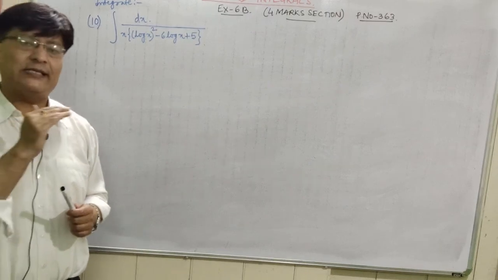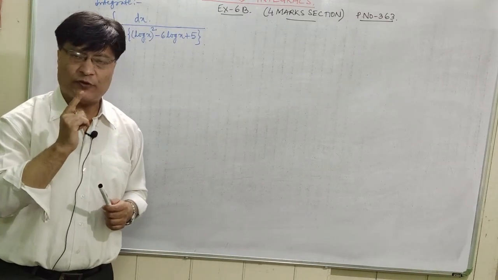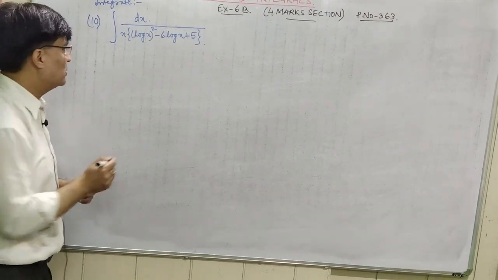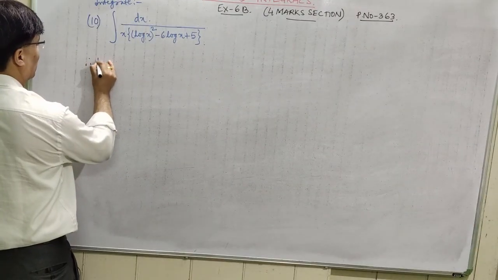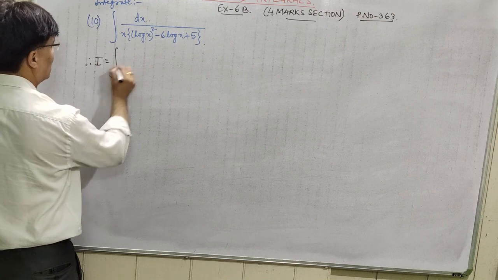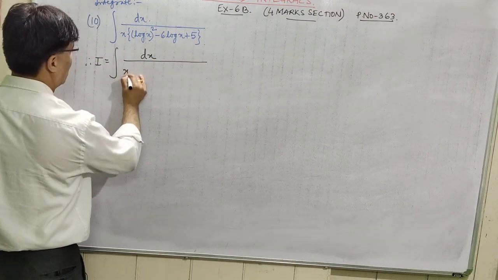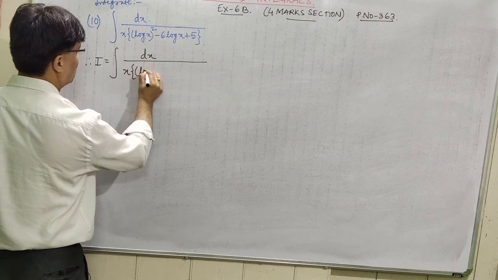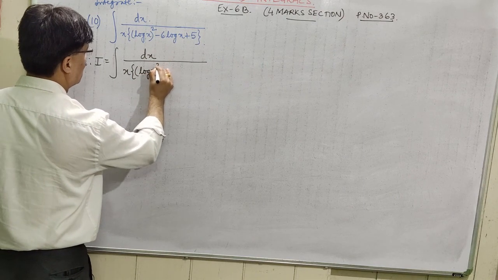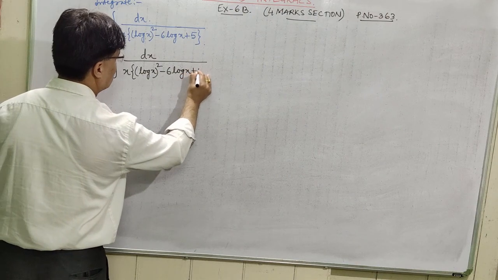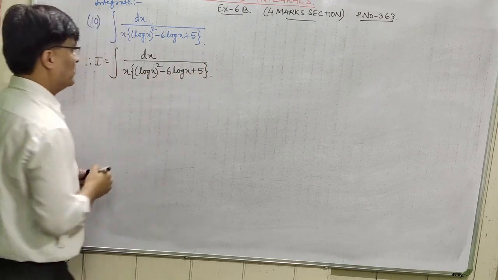Differentiation of log x is 1 upon x. So first of all, in this case, you have to do the method of substitution. So let us write here, I is equal to integration of dx divided by x within second bracket. It is log x whole square minus 6 log x then plus 5.